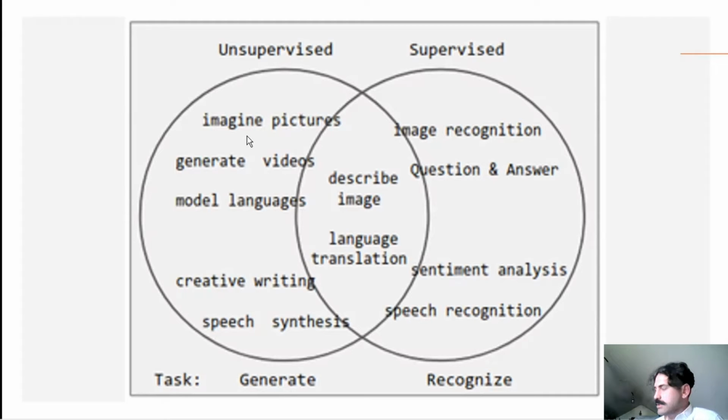I'm sure you've seen the websites, This Person Does Not Exist, and This Horse Does Not Exist, where it's been given a huge amount of images of faces, and using a generative adversarial network, it's able to generate an image that looks human, but doesn't actually belong to anyone.